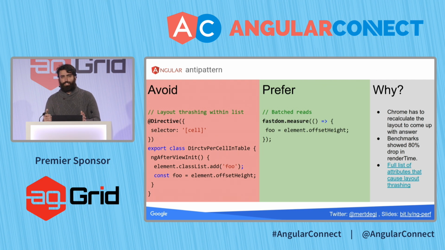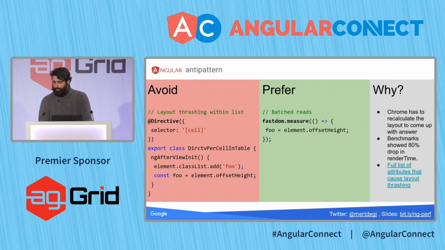And when you see this, it usually looks like a large purple block on the performance tab. The way you fix this kind of layout thrashing is just try to read at a higher level maybe, or don't read it at all. Or use a third-party library like FastDOM to read and write, but batch those reads so you don't change anything in between. There's a full list of attributes that cause layout thrashing.